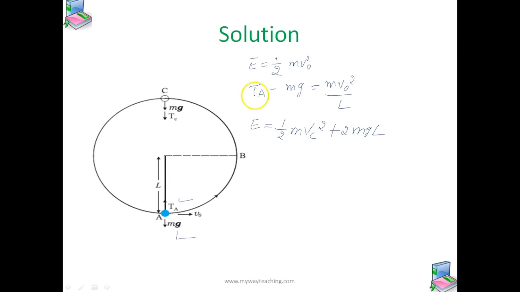Okay, so again by using Newton's second law, we can write mg is equal to m v c square by L, where v c is the speed at C. So from equation 1 and equation 2, we can get the value of capital E. That value is given by 5 by 2 mgL.